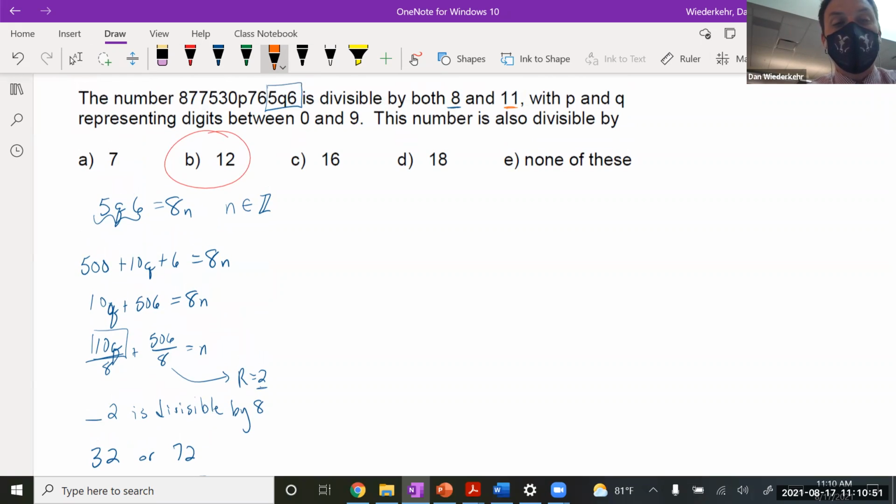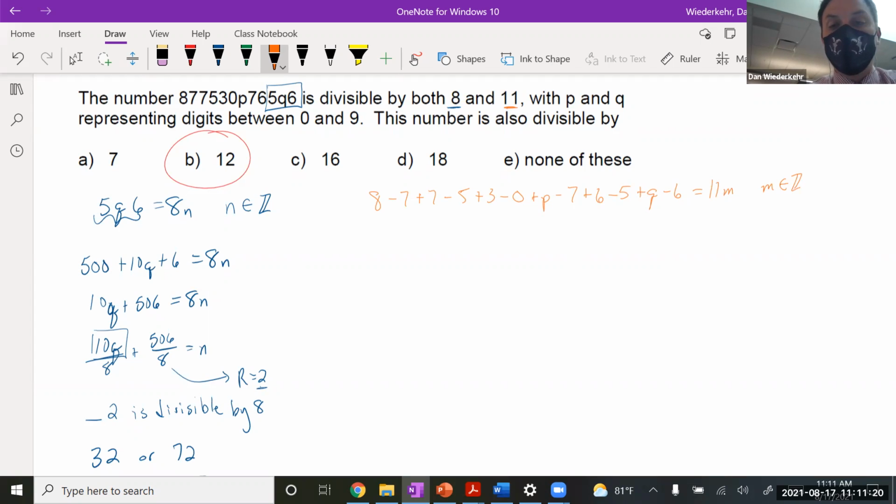The divisibility by 11 rule is if you start with the first digit, subtract the second, add the third, subtract the fourth, etc., then you should get a number that is divisible by 11. Okay. So this is equal to 11 times some number, where that number is an integer.